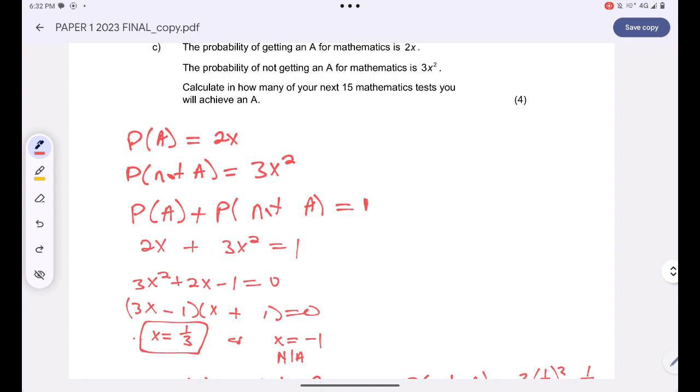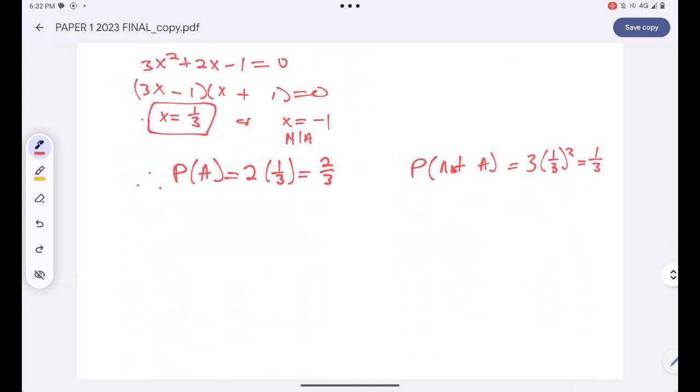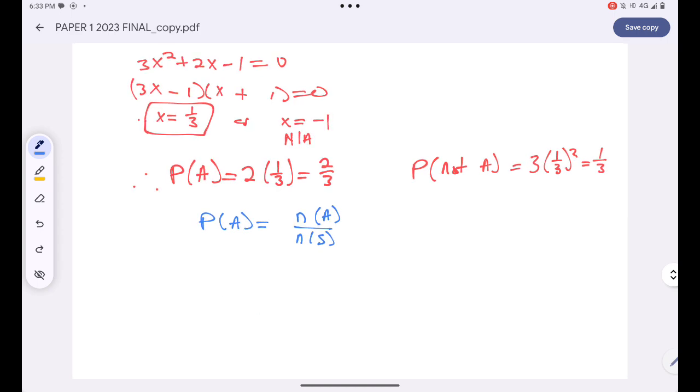So now I'm being asked, calculate how many of your next 15 mathematics tests you will achieve an A. The probability, guys, let me use a different color. The probability of getting an A is basically the number of times you can get an A divided by the total number of the coming tests. Né? The probability of getting an A, that's 2 over 3. The number of times we do not know, but the sample space is 15 because there will be 15 tests.